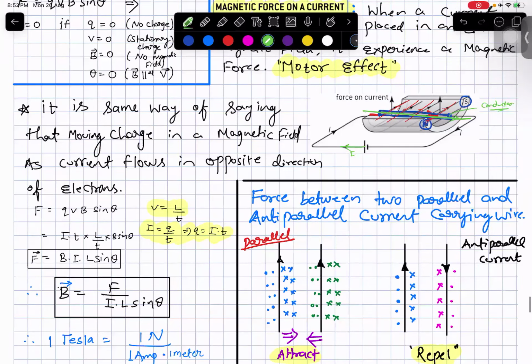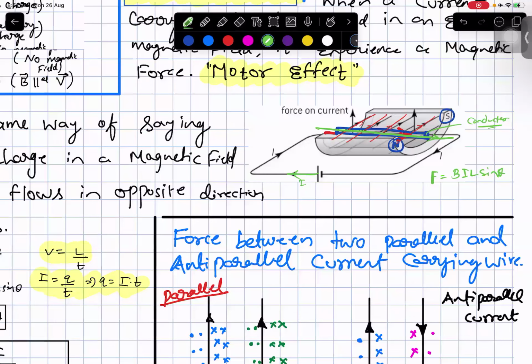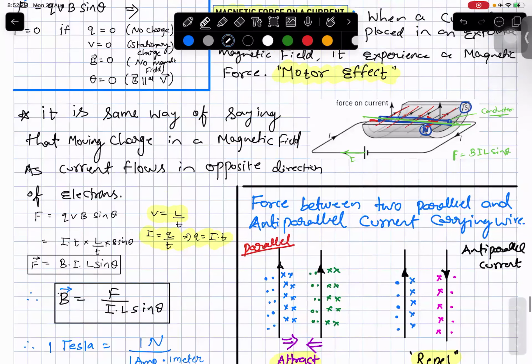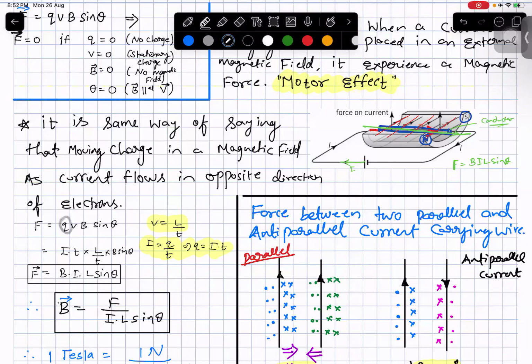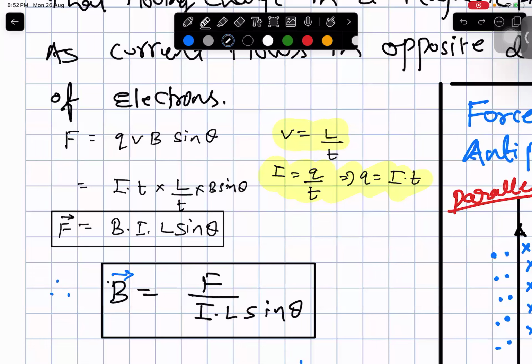But this time, instead of F equals QvB sine theta, I use F equals BIL sine theta. Why? Because whenever there is a current, charges are moving, right? Let's say you divide both sides by the time and then multiply by the time.